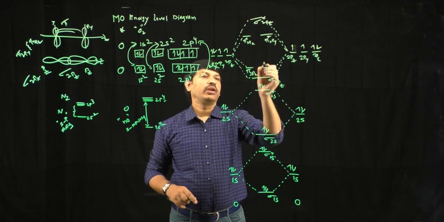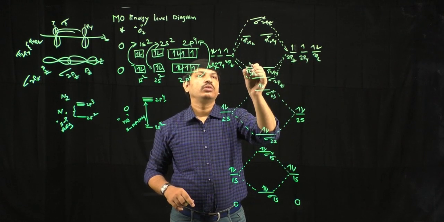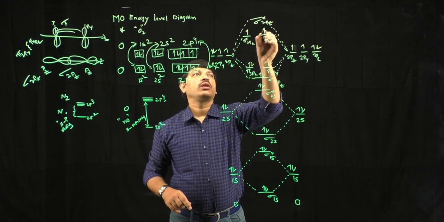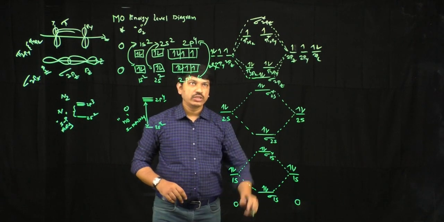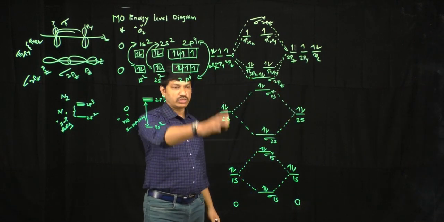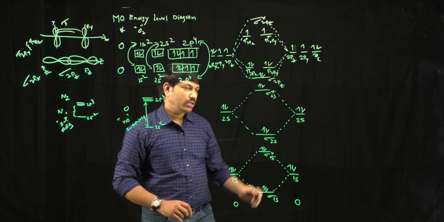Now we have to fill the 8 electrons, 1, 2, 3, 4, 5, 6, 7 and 8 like this. So like this we have to write the MO energy level diagram of the oxygen molecule.